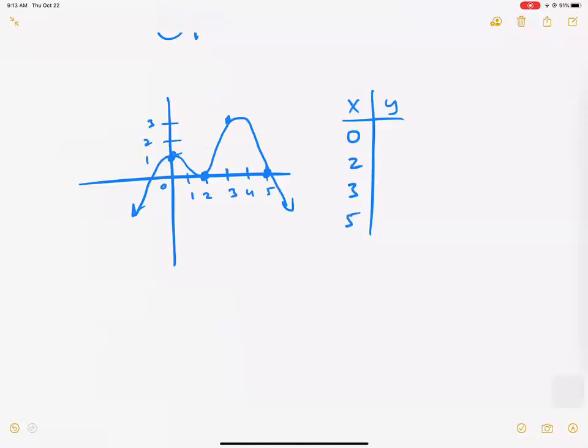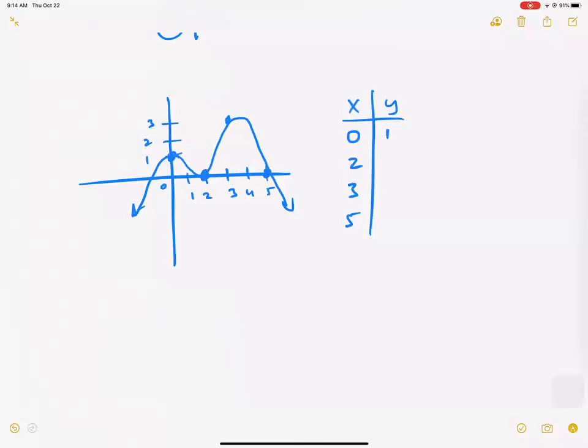This will take you like 30 seconds. Okay, so when x is 0, the y is 1.